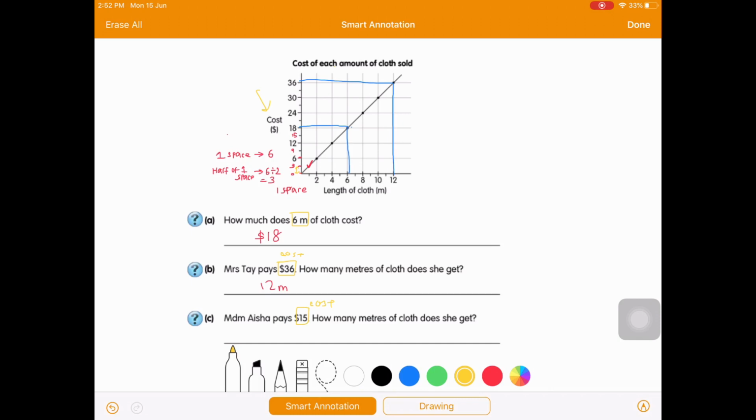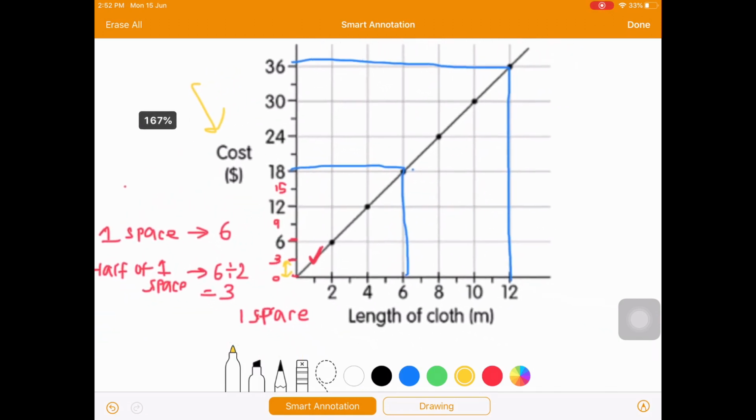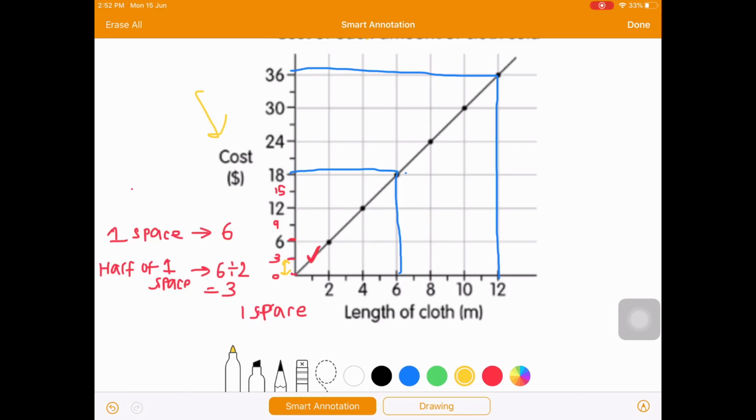Let's find where is 15. 15 is here. We want to find how much length can she get if she pays $15.